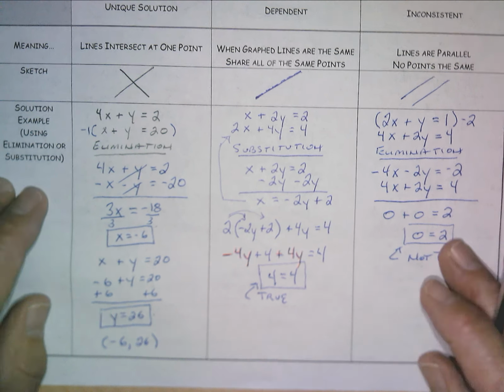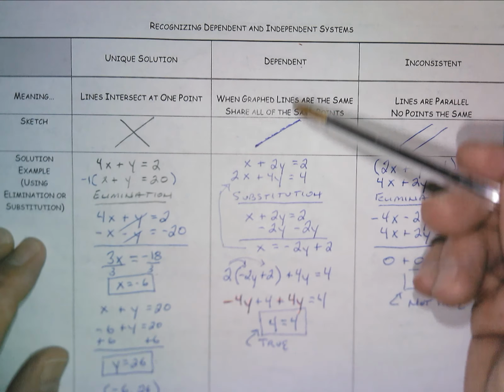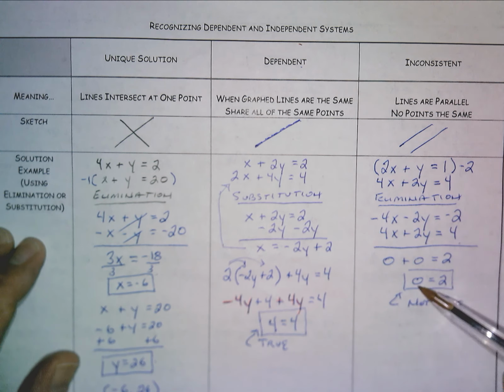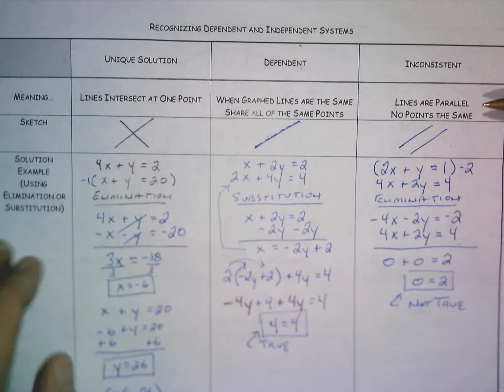That means that it is a dependent system. They're the same line. Or when you solve the system, you can get an untrue equality. 0 does not equal 2. That means that the lines are parallel, they'll never meet, and the system in mathematical language is called inconsistent.